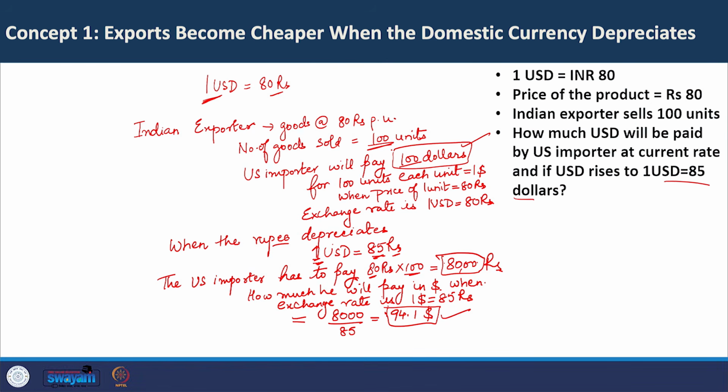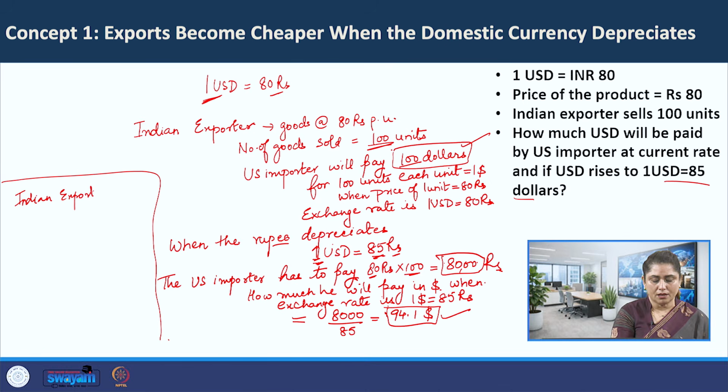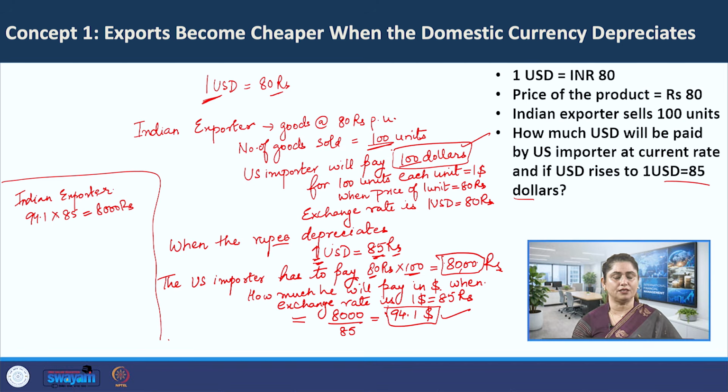While if you talk about the Indian exporter, he gets the same amount of money, 94.1 into 85, giving him almost 8,000 rupees. But for the US importer, the product has become cheaper. Now, here we have understood that export becomes cheaper when the domestic currency depreciates.